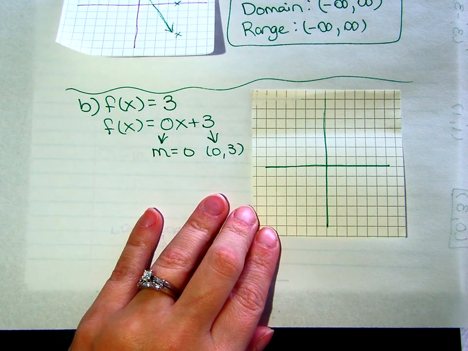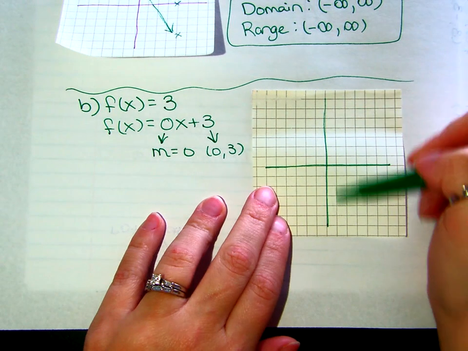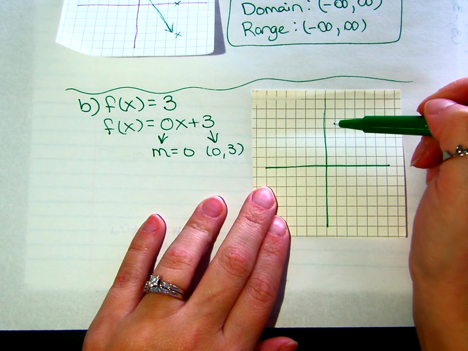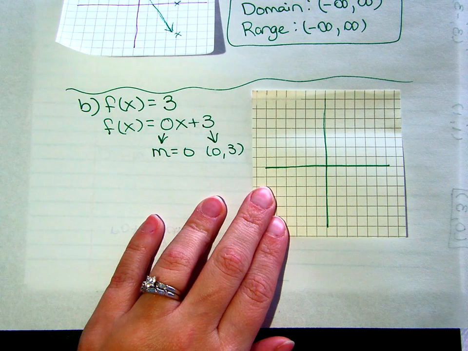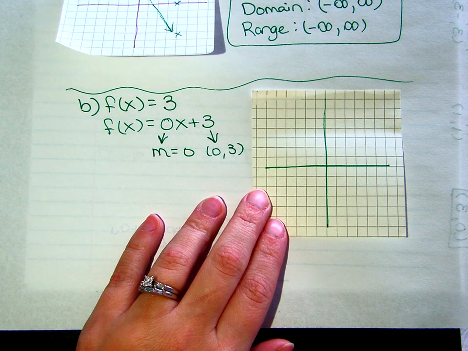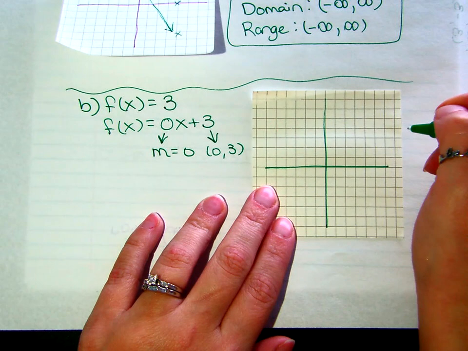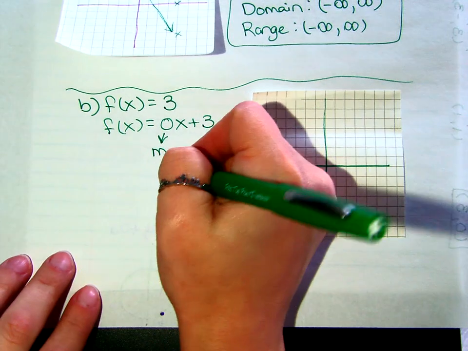Vertical lines, like our y-axis, have lots and lots of vertical change, that would be your top number, and no horizontal change, which is the bottom number, and when you divide by 0, it's undefined. So this is the opposite. To have 0 slope, you have lots of horizontal change, but no vertical change. And so the slope would be 0 over any number.